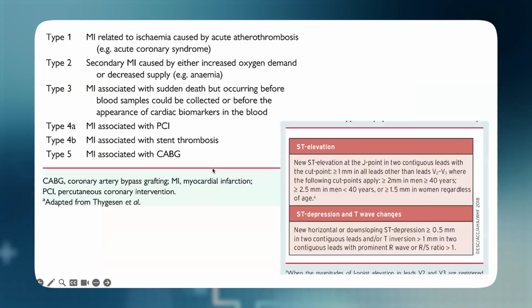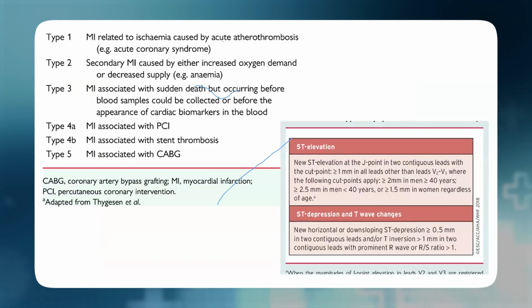Type 1 is MI related to ischemia caused by acute atherothrombosis. This is the commonest one we know, which causes acute coronary syndrome, coronary blockade, and MI. Type 2 is secondary MI caused by either increased oxygen demand or decreased supply.